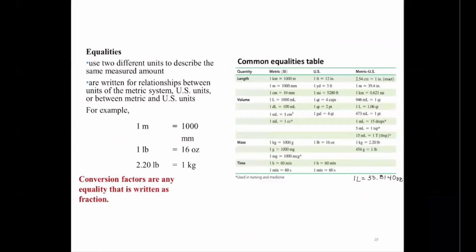Now, understand that these metric prefixes can be used in what are called equalities. Equalities, by definition, are 2 different units that describe the same measured amount.